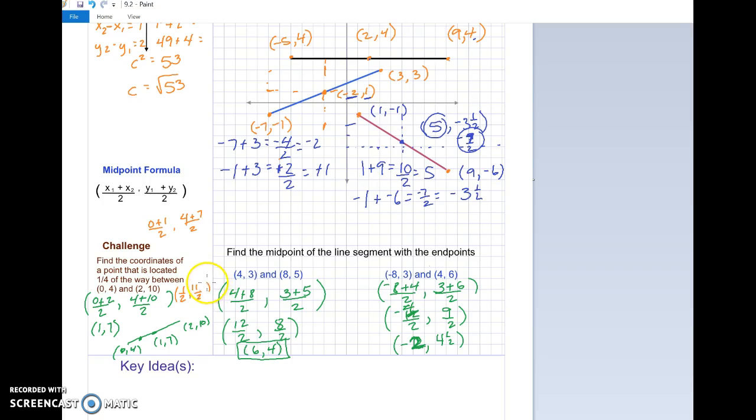Well, did you come up with 1/2, 11 halves? Because that's it. Look what I did. I did 0 plus 1 divided by 2 and 4 plus 7 divided by 2, and I came up with 1/2 as my x coordinate, and 11 halves, or 5.5, as my y coordinate. So this point right here is 1/2, 11 halves.